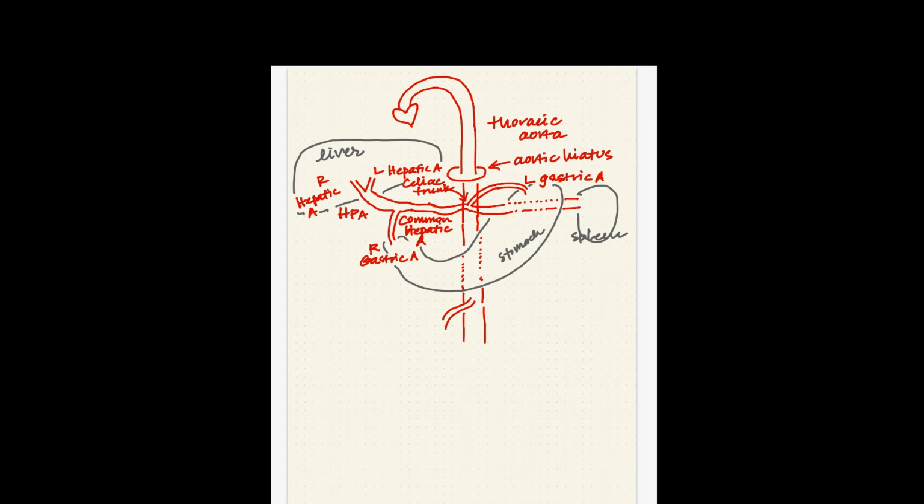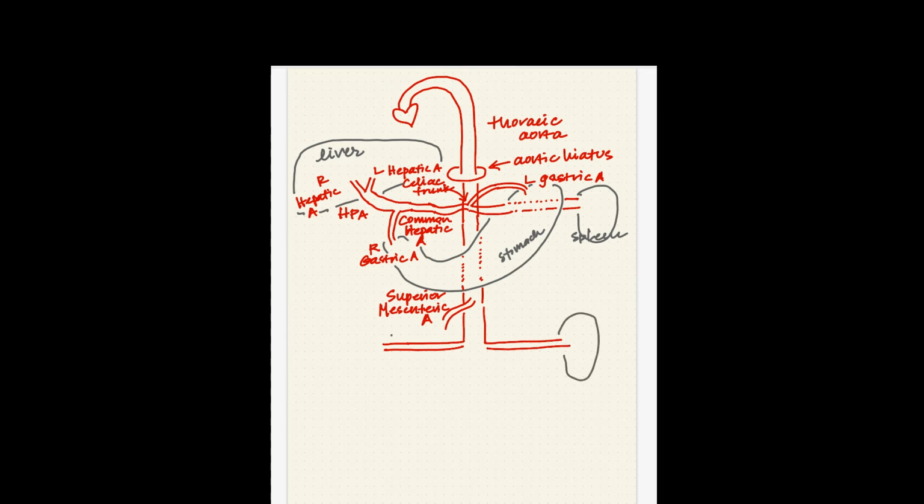Now, if we travel just distal to the stomach, we're going to have our next major branch off of the abdominal aorta, and this is our superior mesenteric artery. And this artery is going to supply the small intestines and most of the large intestines with blood.